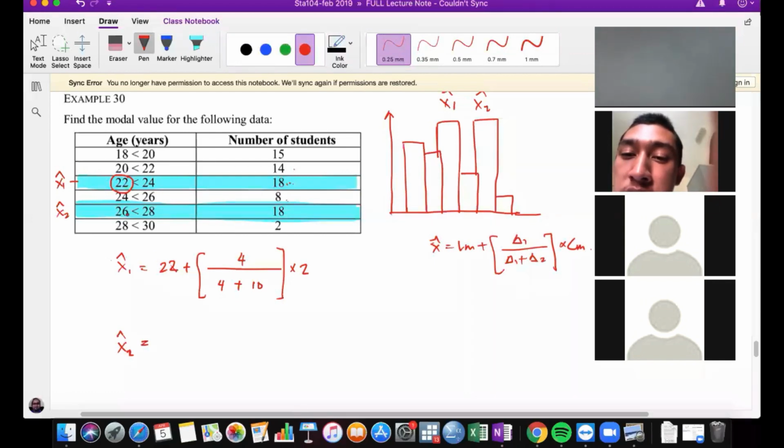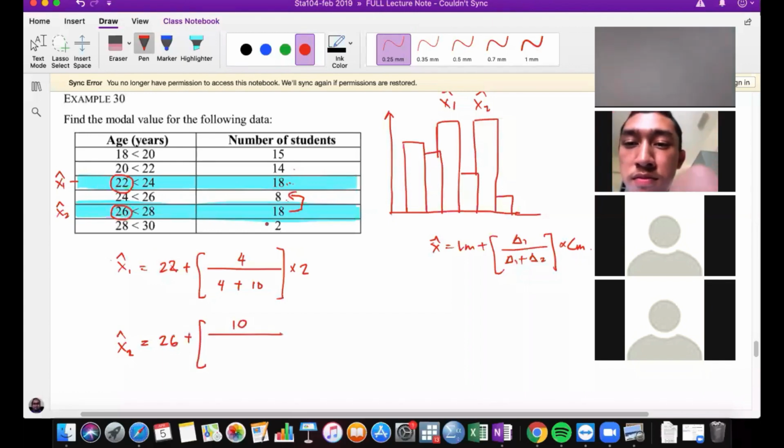For mode number 2, the lower class boundary is 26 plus the frequency of the model class minus the frequency before the model class, 18 minus 8 equal to 10. This is 10 plus the frequency of the model class minus the frequency after the model class, 18 minus 2, equal to 16, and multiply with 2.